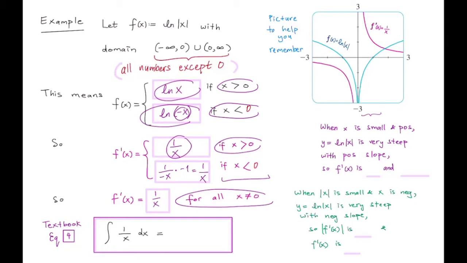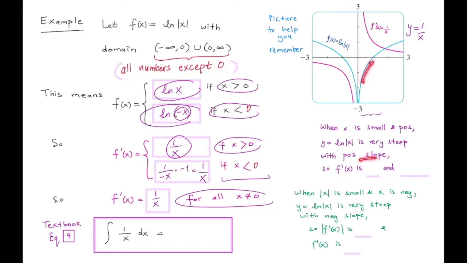Now let's look at the picture on the right. These are the points that are in y equals 1 over x. So in red is the graph for the derivative of f. Now, when x is small and positive, so around here, the graph for f of x is very steep and it's increasing.